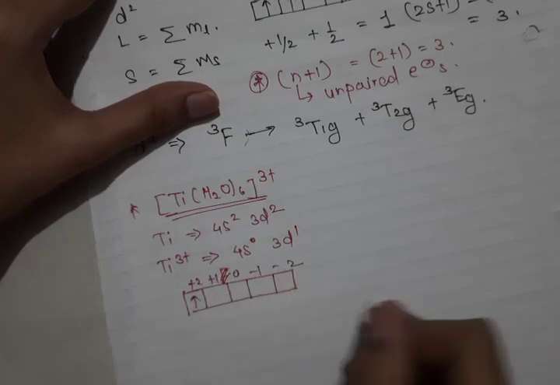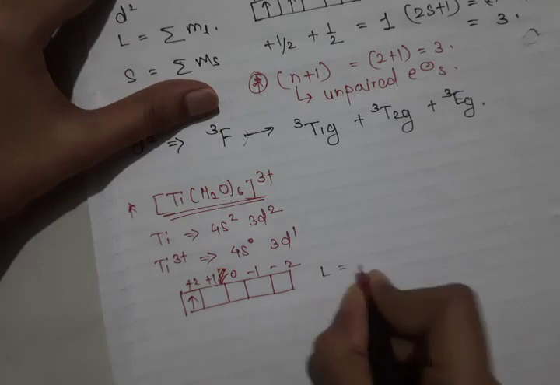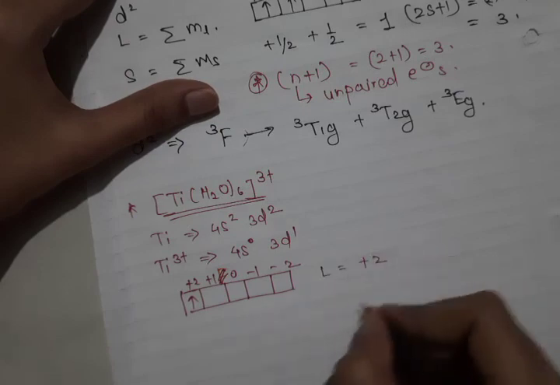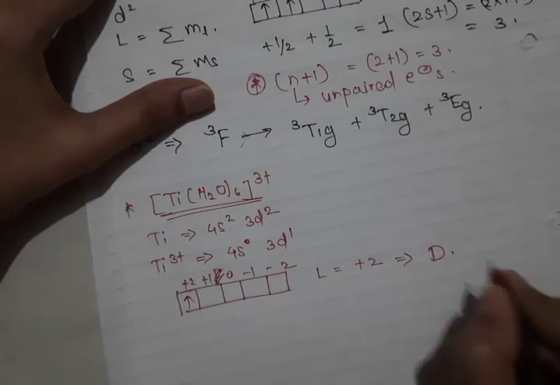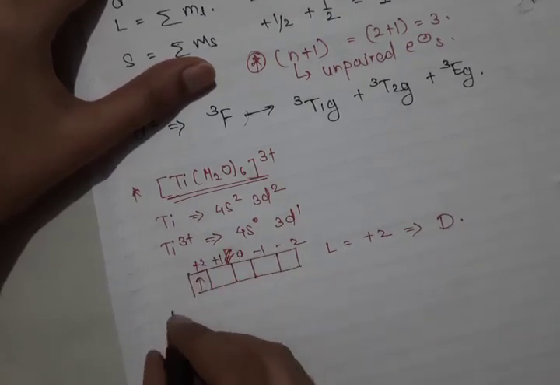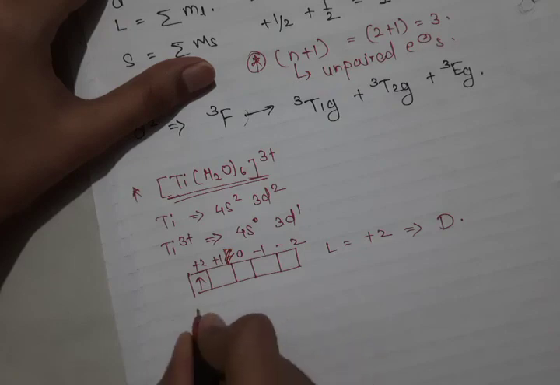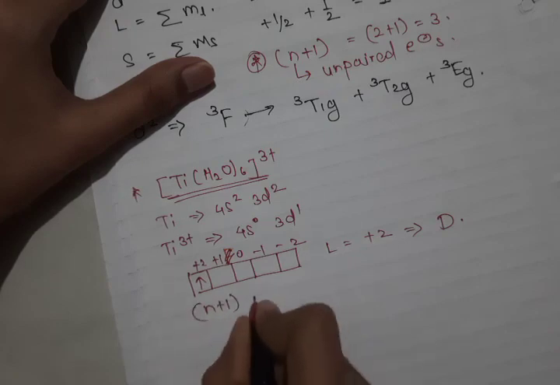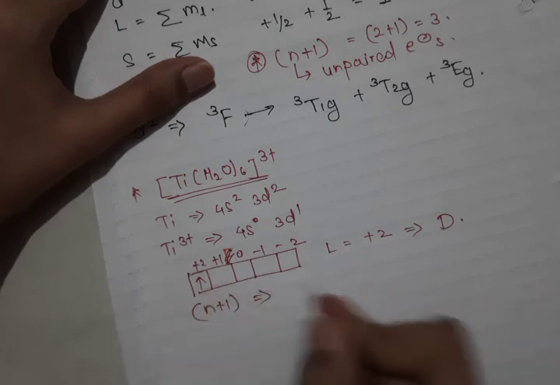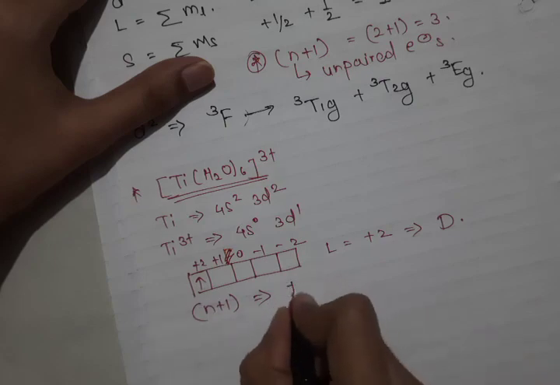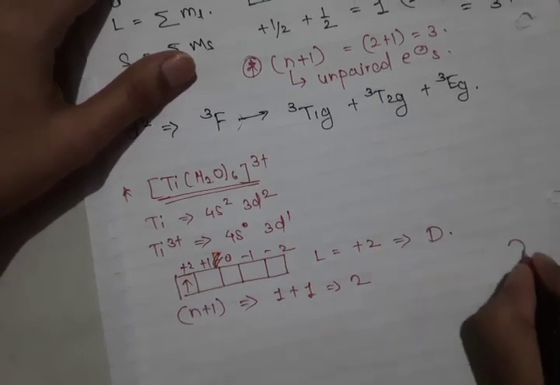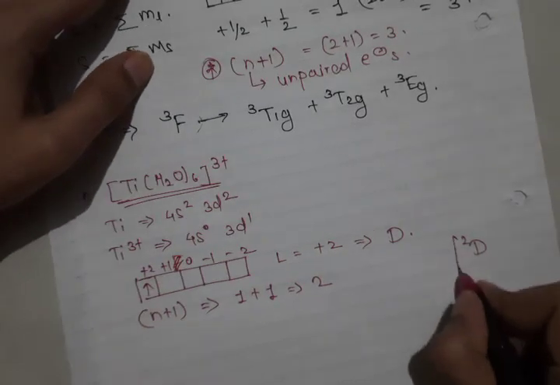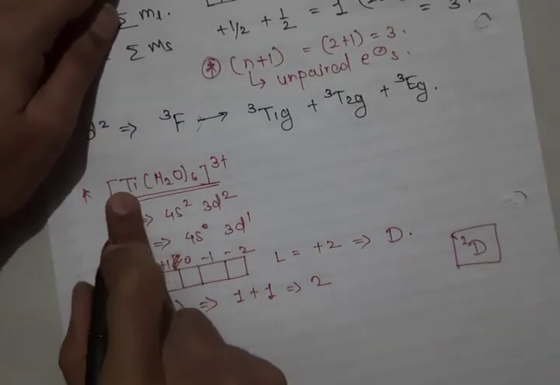Only 1 electron is there, so L value is plus 2, summation of Ml is 2, therefore the term will be D. And for spin multiplicity, I just told you one short trick, n plus 1. N is only 1, unpaired electron is only 1, so 1 plus 1 is 2. So the term is D2 for this complex.